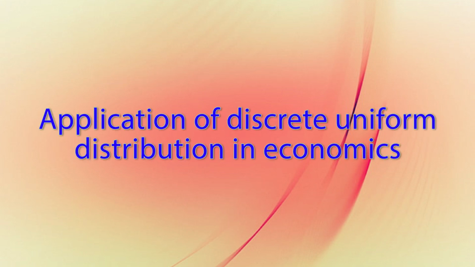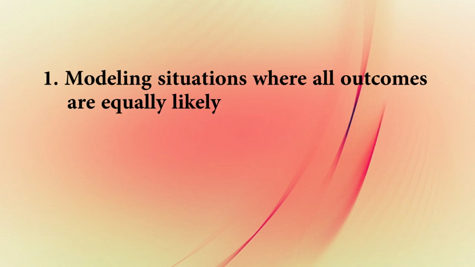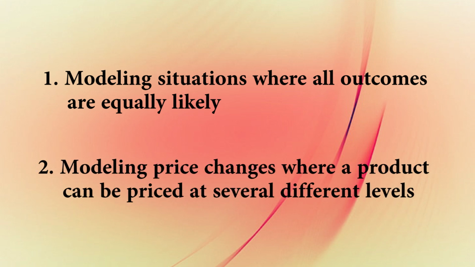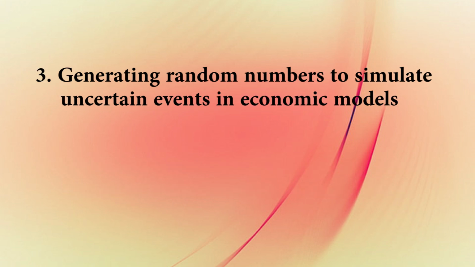Hence, the probability of getting more than one head is 3 by 4. We shall now look into some applications of the discrete uniform distribution. Modeling situations where all outcomes are equally likely. Modeling price changes where a product can be priced at several different levels. Generating random numbers to simulate uncertain events in economic models.